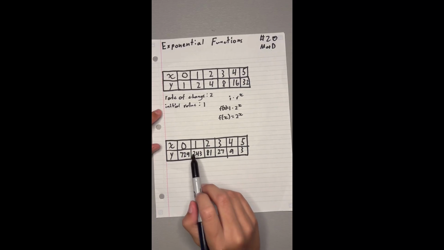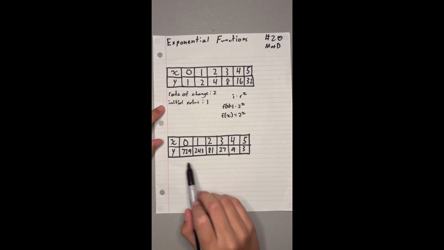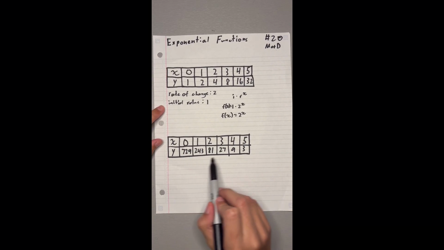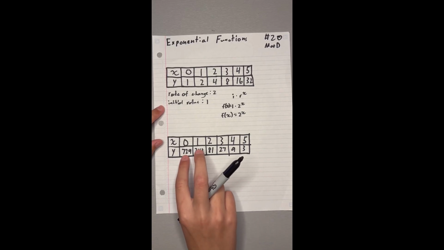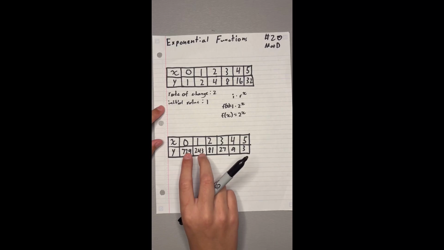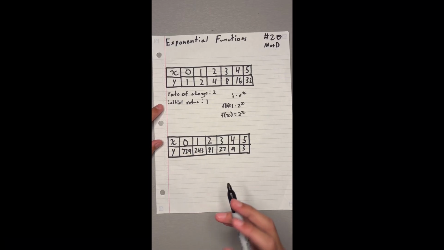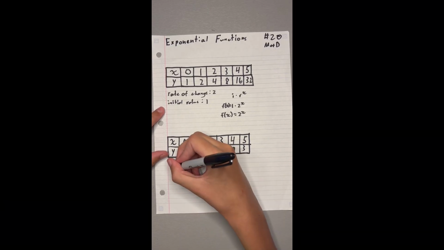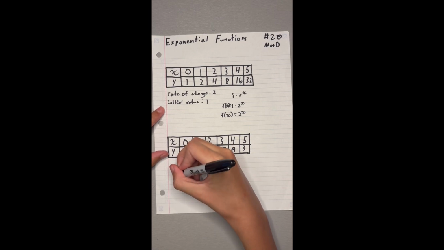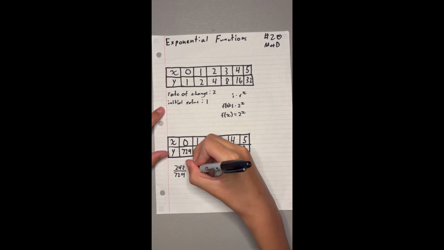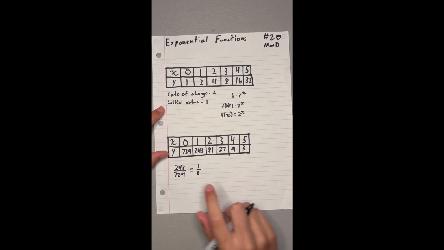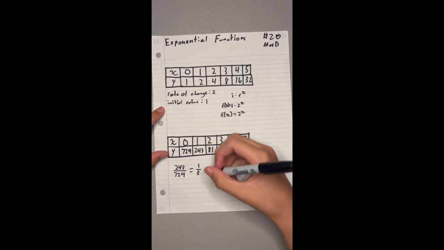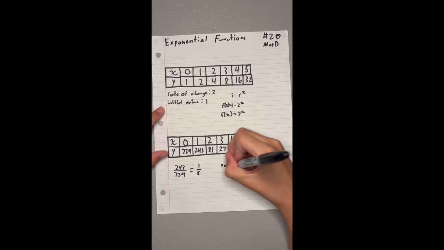So we are going to find the factor by which these numbers are changing, but you probably don't know how 729 and 243 are changing. So we can just divide them to find the rate of change. We do 243 over 729, which is equal to 1/3. So our rate of change is 1/3. I'll write that down.